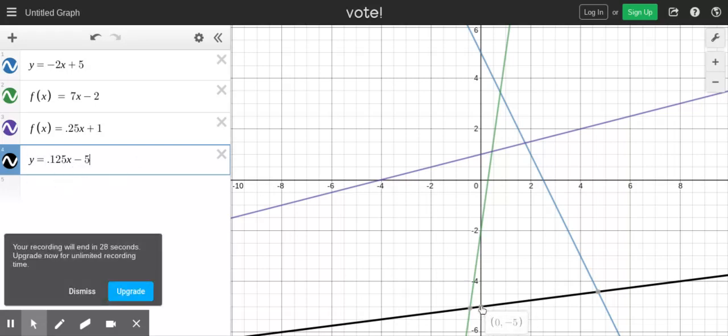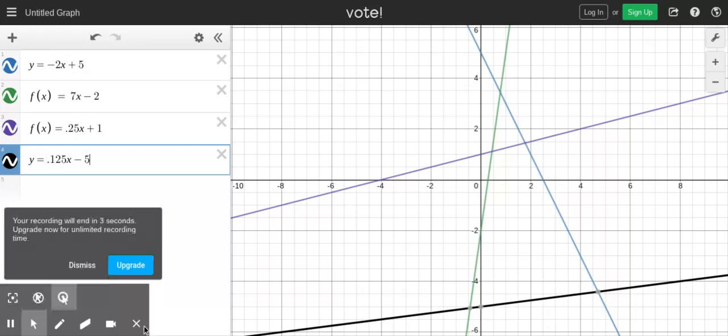So if you counted boxes again, you'd go up 1 and over 8. 1, 2, 3, 4, 5, 6, 7, and 8. And there you ran into the next line. And look at how it's not very steep at all. It's almost horizontal. So what I want you to realize is the higher the slope, the number before the x, the steeper the line. The smaller, the less steep.